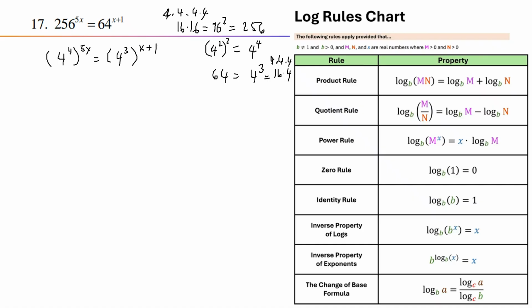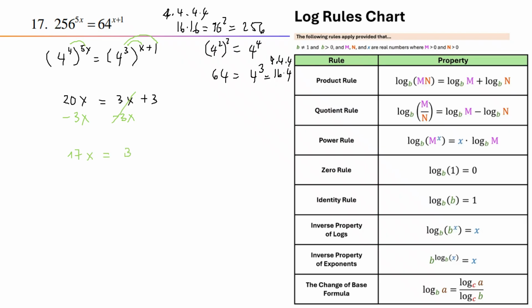Now, same base, 4 times 5x, 20x, equal 3 times x, 3x, 3 times 1 plus 3. So right here, distribute, distribute, distribute. That's our exponent. Okay, now we have 20x equal 3x plus 3, so we subtract 3x from both sides. We'll have 17x on this side equal 3.